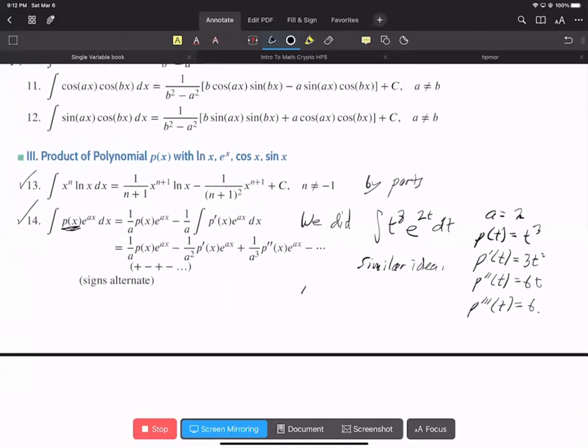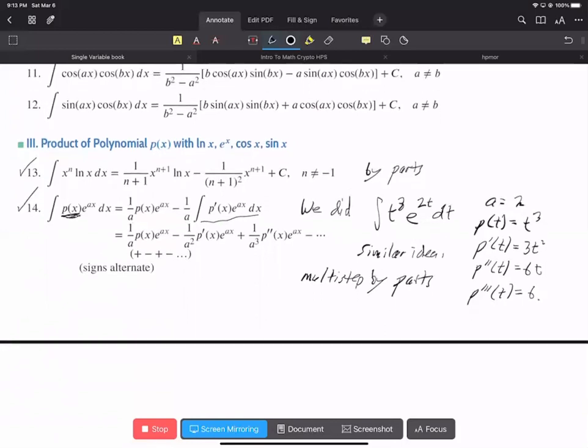This was a multi-step by parts. We used by parts to get this integral once, and then we used it again to get the next integral, which involved p double prime, the second derivative of t cubed, which had a t in it, and so on.